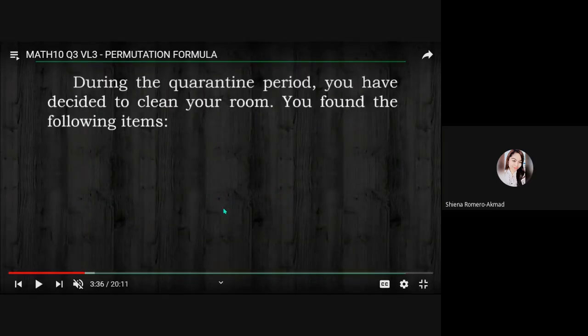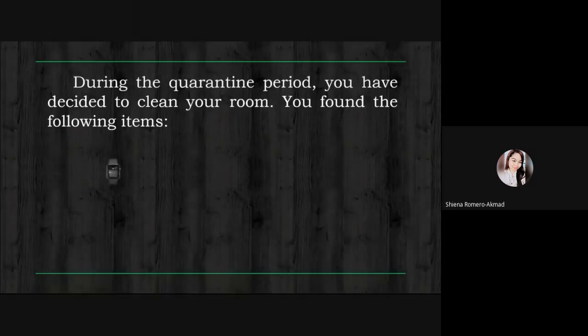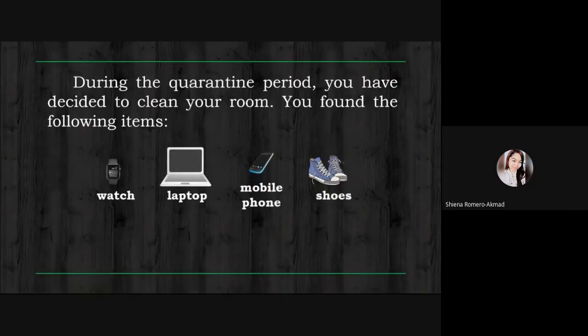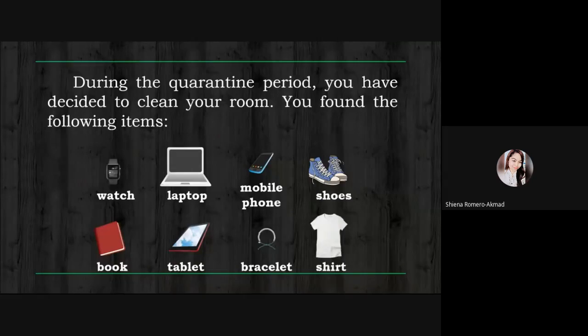So during the quarantine period, you have decided to clean your room and you found the following items. Those items are a watch, a laptop, mobile phone, a pair of shoes, book, tablet, bracelet, and shirt.